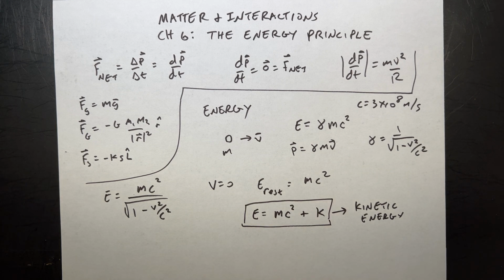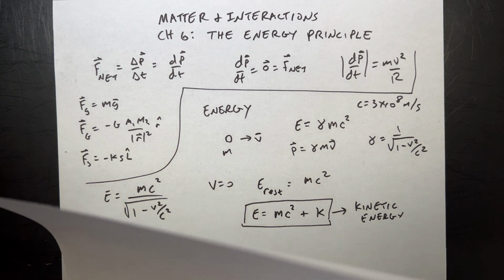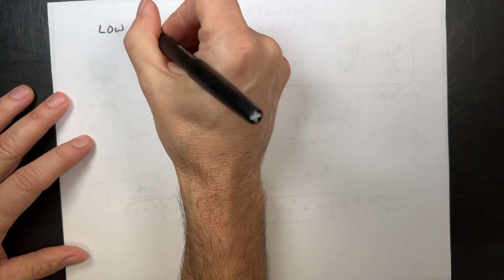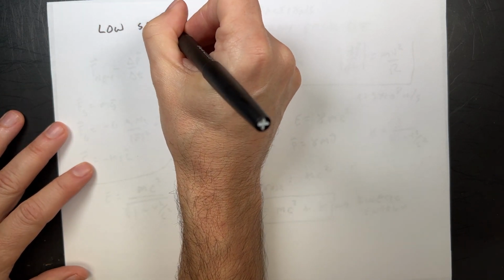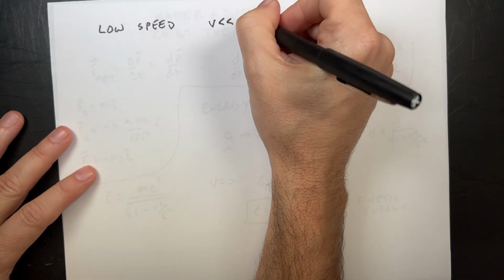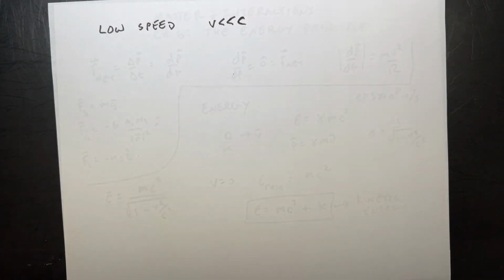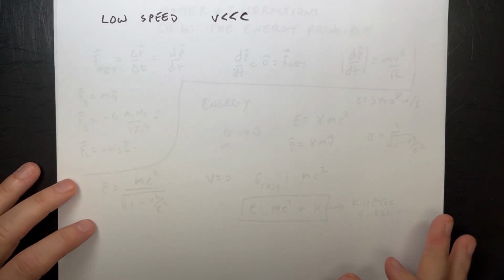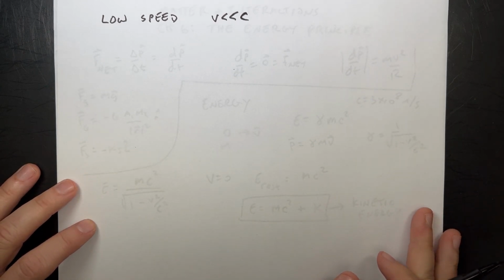So that's that. Now I want to switch over to low speeds, and by low, I mean v is much less than c. So, like the fastest plane ever flown by humans, or a speeding bullet, or things like that.